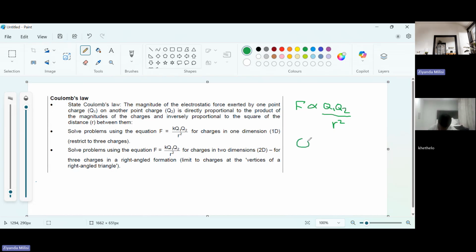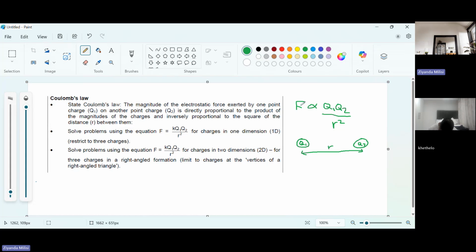It means if I've got these two charges here, Q1 and also Q2, remember there is a distance between their centers. We call that distance r. So you calculate the force that these two charges, Q1 and Q2, will exert on each other.